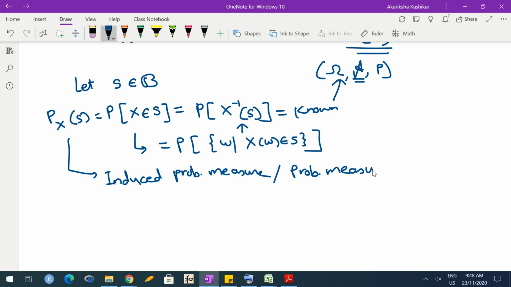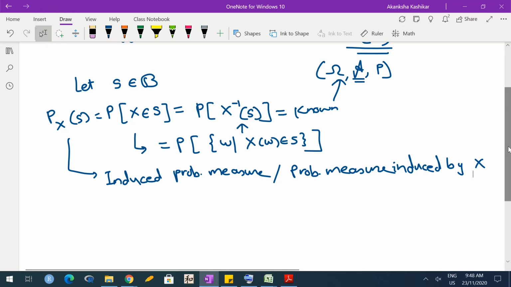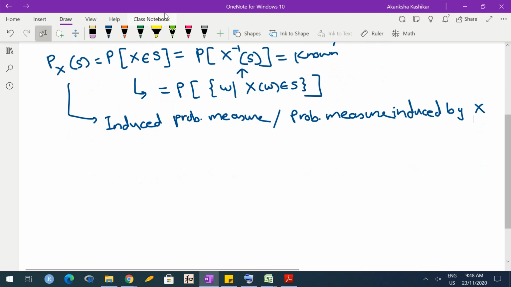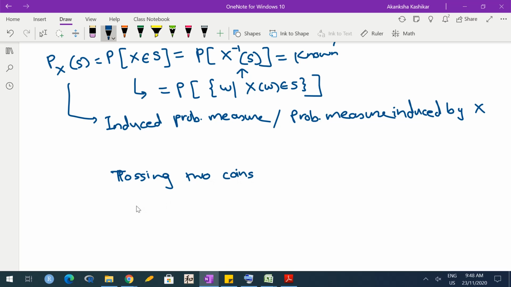So let us take one example. We'll take a simple experiment, tossing of two coins. So the experiment is tossing two coins, and let me define random variable X as the number of heads.